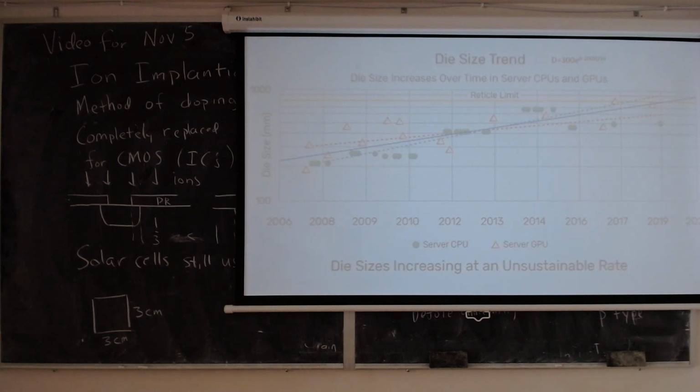And so we are at an interesting point in time, and I drew this curve here, kind of roughly between these points. We are in 2020, right now, apparently at the reticle limit.